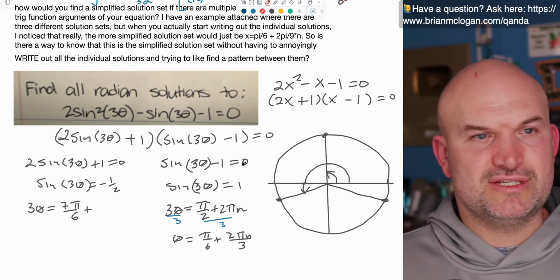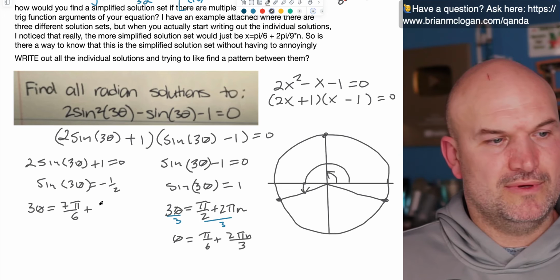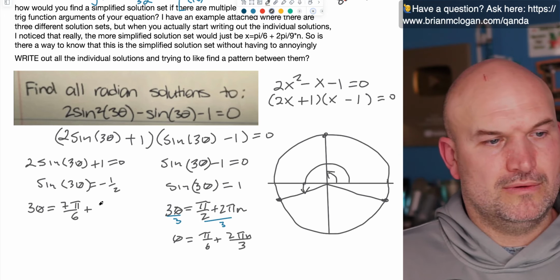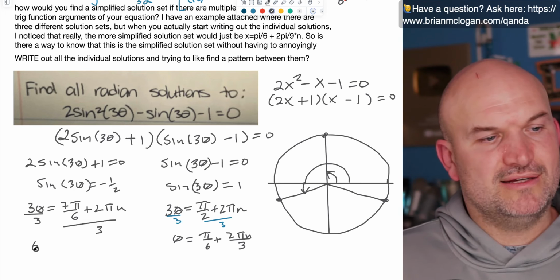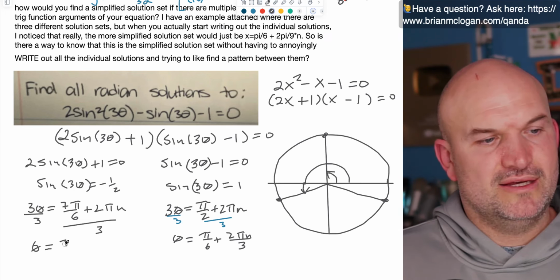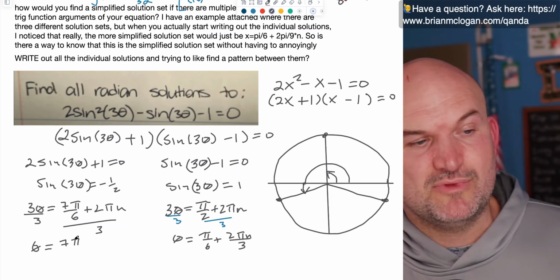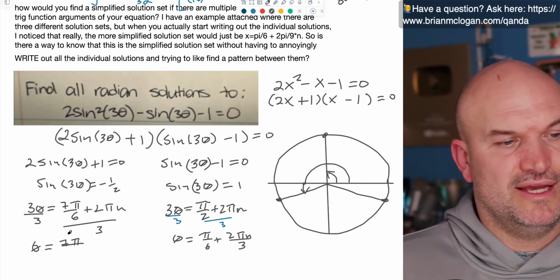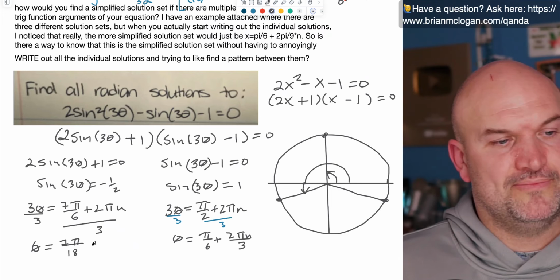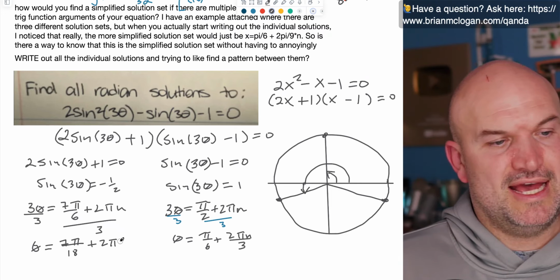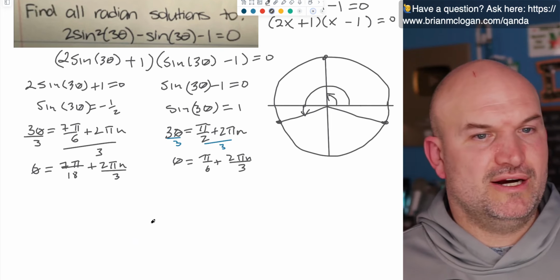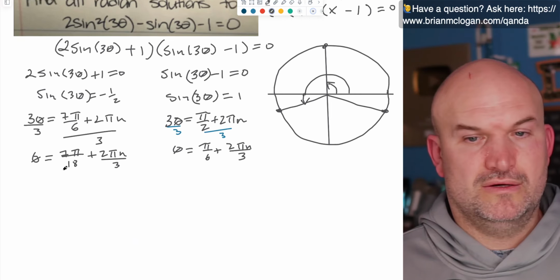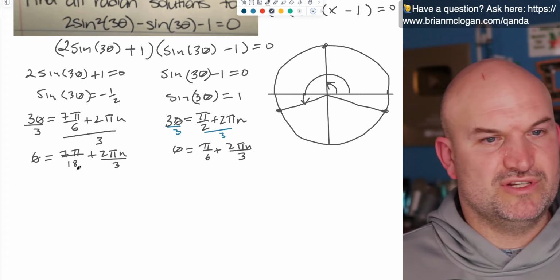To get all the solutions, I'm going to have to add 2 pi n. And then divided by 3, divided by 3. So theta is equal to 7 pi divided by 3, which is the same thing as multiplying by 1/3. So that's going to be 7 pi over 18 plus 2 pi n over 3. And then over here, I would do the last one, which is, what is this angle?